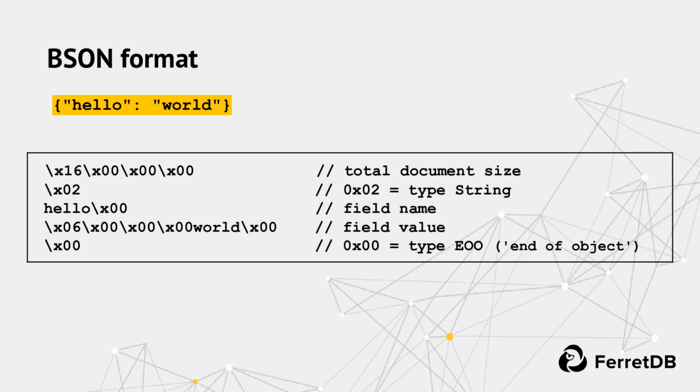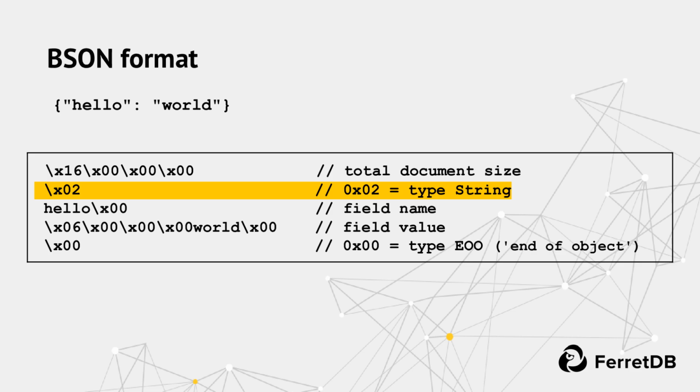Let's take a look at an example. Let's say we have a simple, tiny document with the key hello and the value world, and we want to see how it looks in BSON. So that's basically how it looks in BSON. First of all, the first header line is the total document size. Then we know what type the field is.